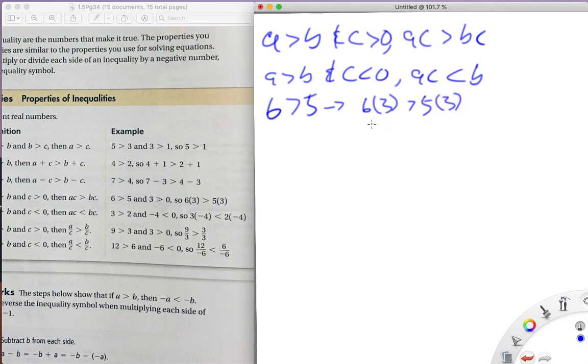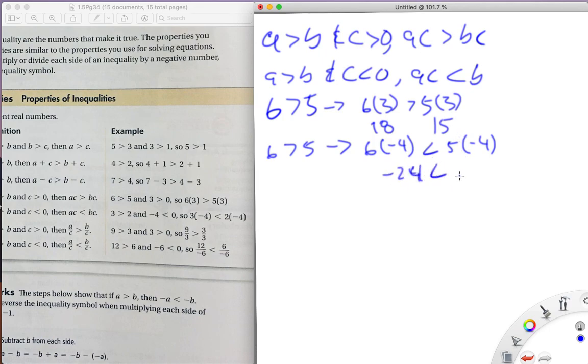This is 18, this is 15, so that works. Or, if 6 is greater than 5 and it's being multiplied by negative 4, the inequality is going to flip. So 6 times negative 4 is less than 5 times negative 4. 6 times negative 4 is negative 24, and this is negative 20. So guess what? It's less than.